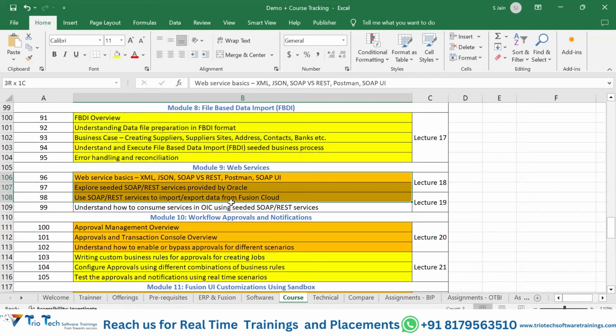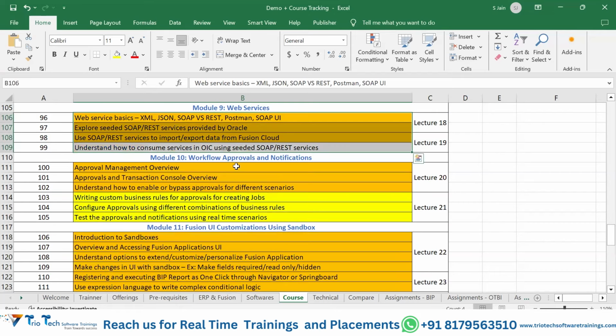Then, guys, we will be learning web services and approval management, that is, how the transactions happening in the system should be followed by some sort of approvals. Suppose we are hiring an employee; while hiring, we have to specify the salary for the employee.